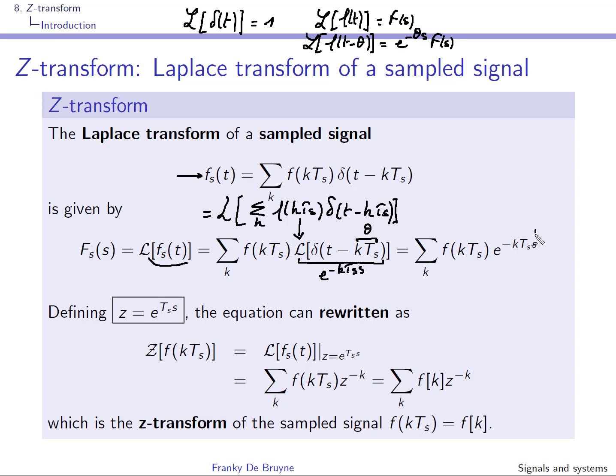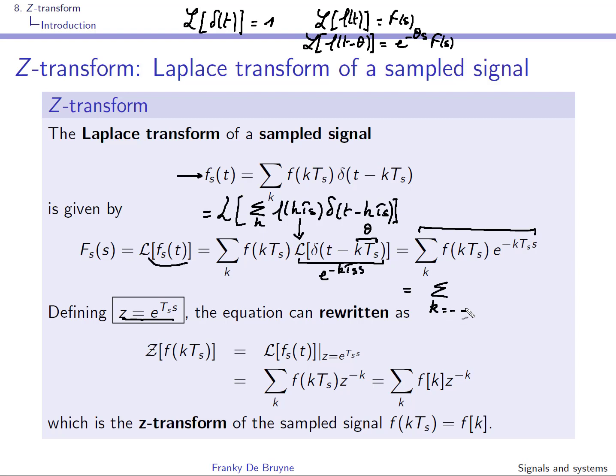So this is how we arrive at this expression over here, and we just want to take this e to the power Ts s with us and to drag it with us. So what we'll do is define a variable z that is the exponential of Ts s, and if we do this, we can rewrite the expression here as a sum over k.